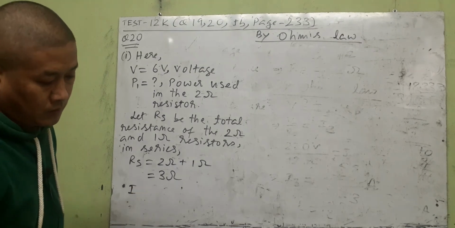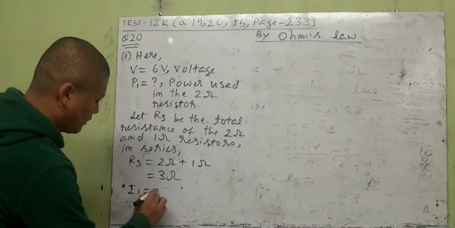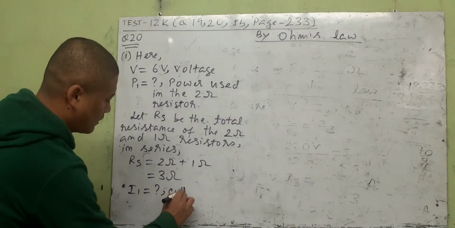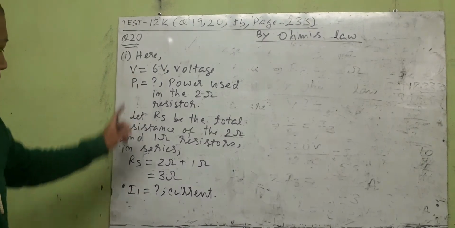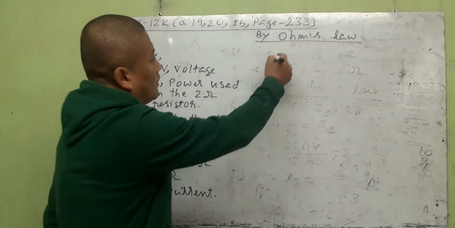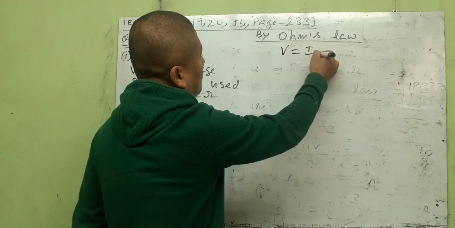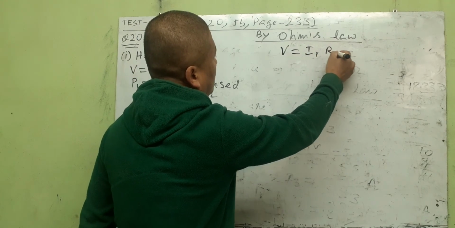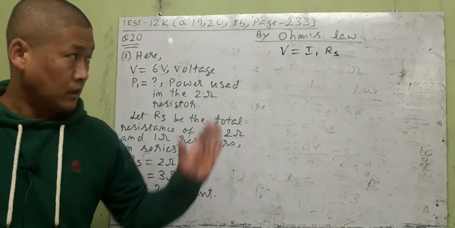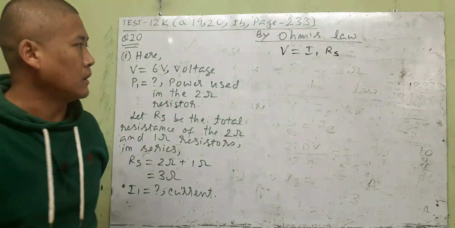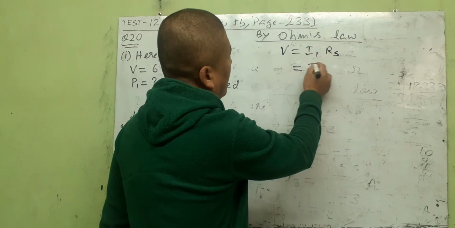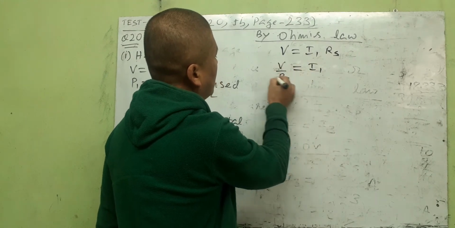Let's use I1. I1 equal to question mark is the current flowing in this case. So V is equal to I1 into total RS. This is how we will get the I value, and we'll use that I to find the power P. So I1 will be V by RS.